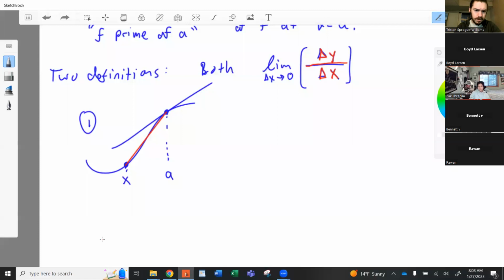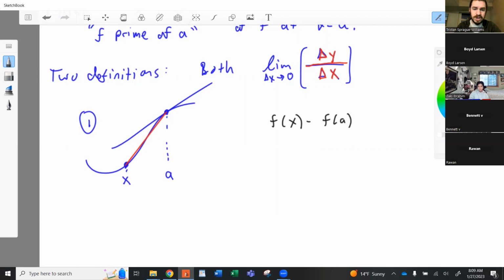So the first version of the derivative definition involves this a and x. And what you do, switch to black here, is you do f of x minus f of a. That's the change in y.